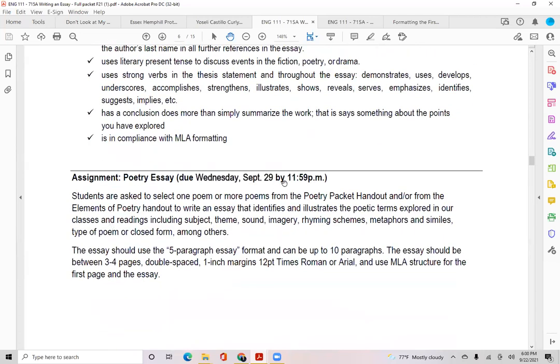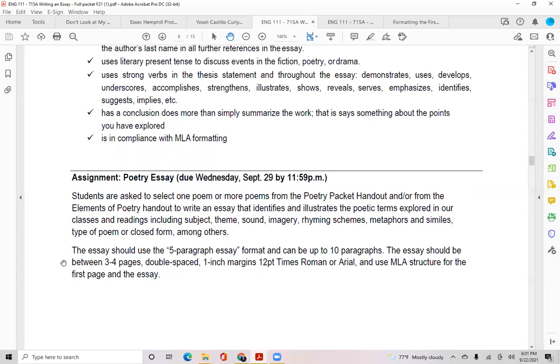So here's the assignment, and it's due September 29th at 11:59 p.m., so by the midnight after class. Students are asked to select one poem or poems from the poetry packet handout and/or the Elements of Poetry handout to write an essay that identifies and illustrates the poetic terms explored in our classes and readings, including subject, theme, sound, imagery, rhyming schemes, metaphors and similes, type of poem or closed poem, among others.